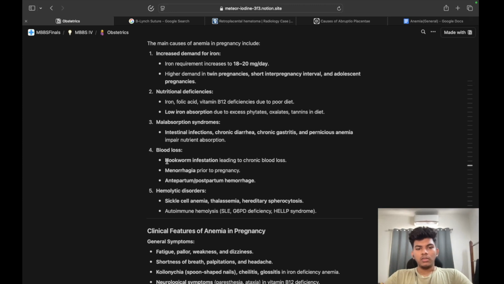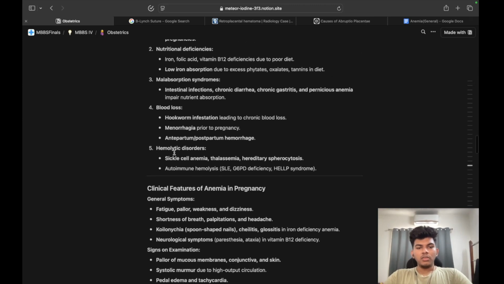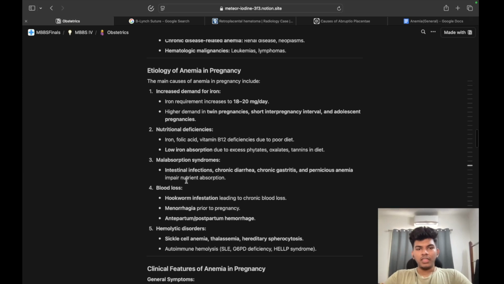Coming to blood loss, we have seen it already: hookworm, menorrhagia prior to pregnancy, and APH and PPH. Coming to hemolytic disorders, sickle cell, thalassemia and hereditary spherocytosis all lead to hemolysis, and autoimmune hemolysis can also happen in SLE, G6PD, HELLP syndrome. So we have seen the etiology of anemia in pregnancy.